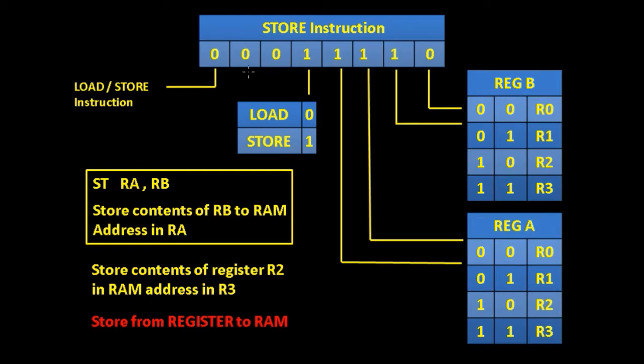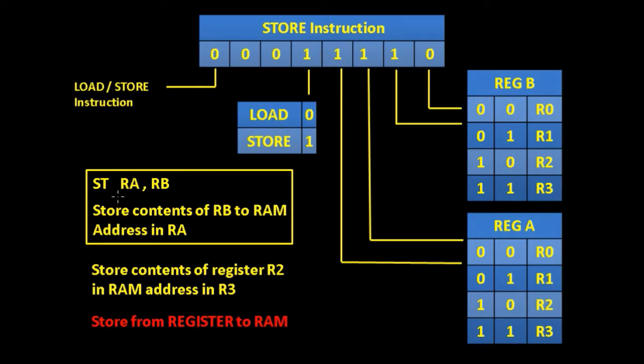The first 4 bits are the load or store, so it says store, so we can keep that as a little mnemonic, and we'll call that ST. So we've got ST space Reg A comma Reg B, so that's our little code for this store instruction.